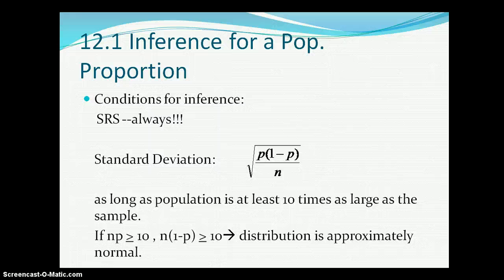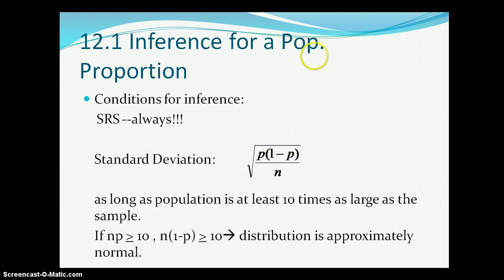Your standard deviation. I really hope this looks familiar to some of you. Back when we did proportions in chapter 9, we used this formula for standard deviation. If you don't believe me, I believe it's section 9.2 in your textbook or your notes. So this is our standard deviation for a proportion.